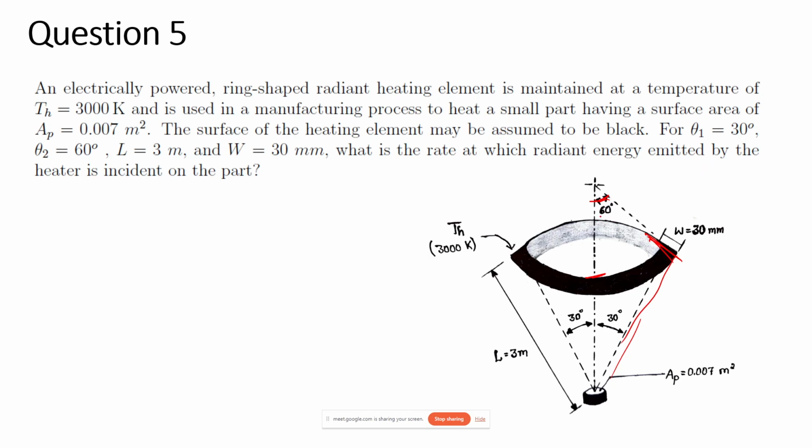So over here we have been given this heater, and it is emitting the energy on this small part, and we have been asked to find the radiant energy, that is Q from heater to this part.